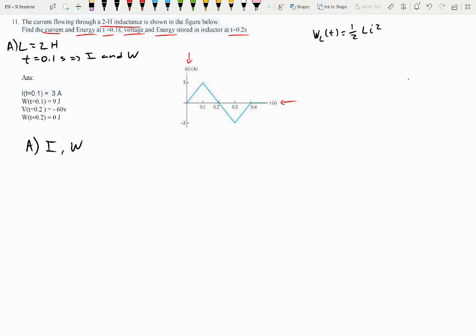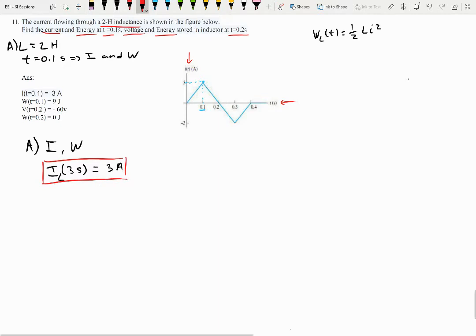So at time 0.1 seconds, we can see that our current is just 3 amps. So I of 0.1 seconds is 3 amps.